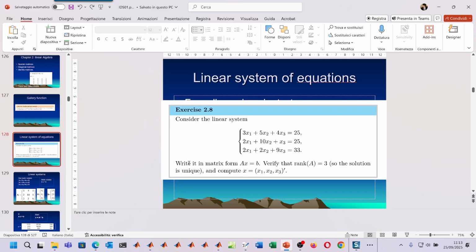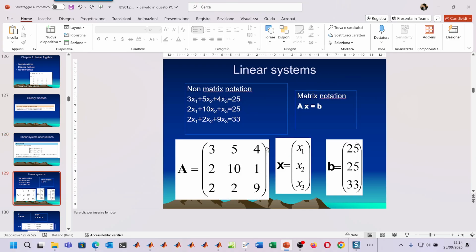Now, linear systems of equations. Of course, you know how to solve them using pen. Do you all agree that this linear system of equations can be written in this way?